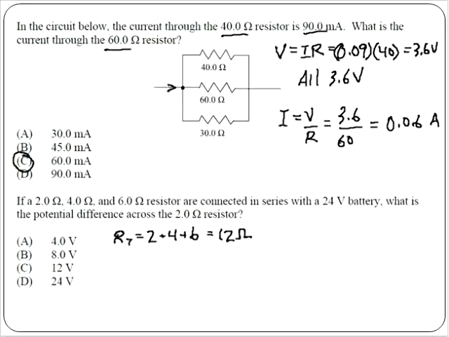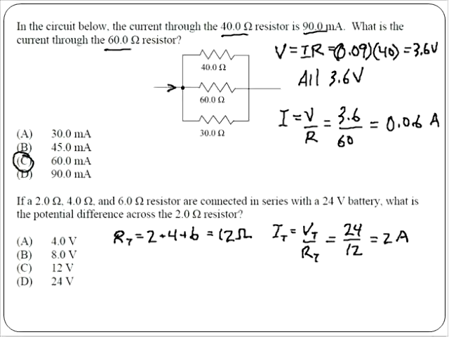First I can find the total resistance, which is 2 plus 4 plus 6, which is 12 ohms. Once I know that, I can say the total current is Vt over Rt. Vt over Rt is going to be 24 divided by 12, which is 2 amps.